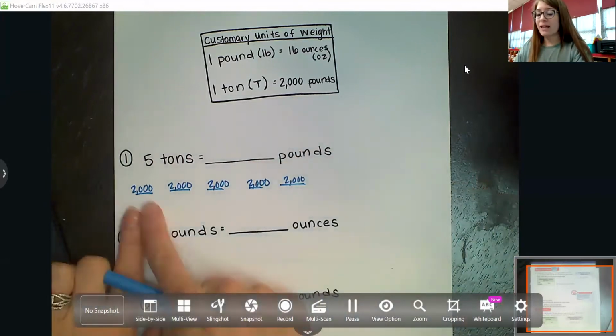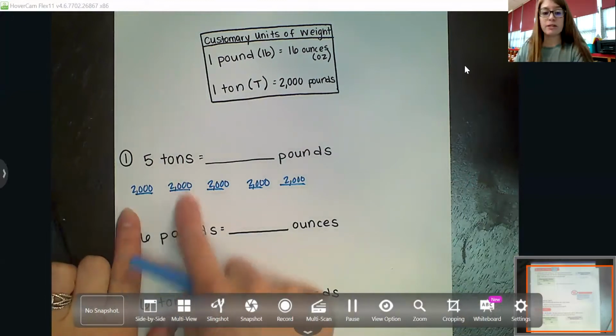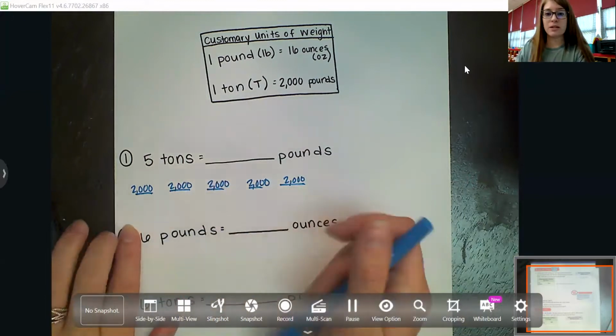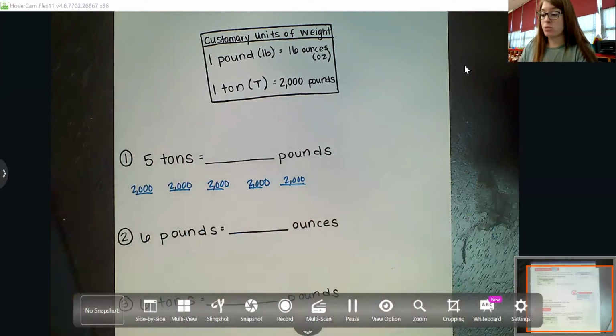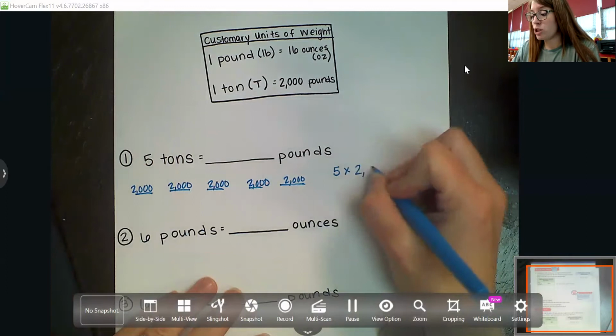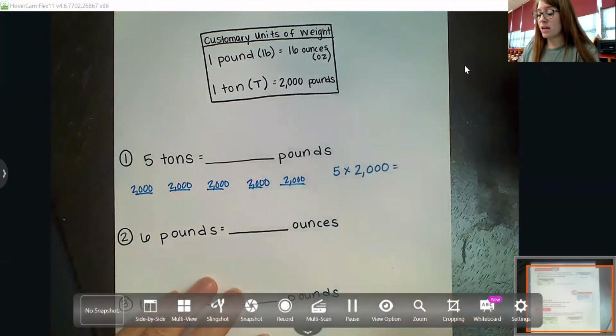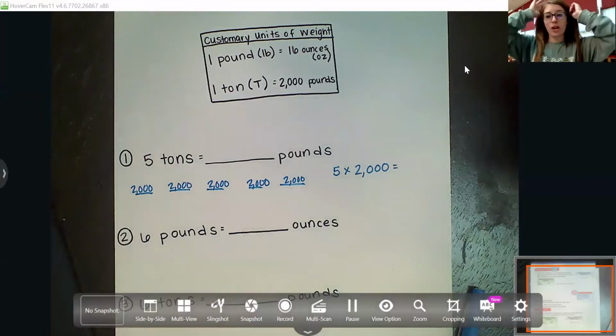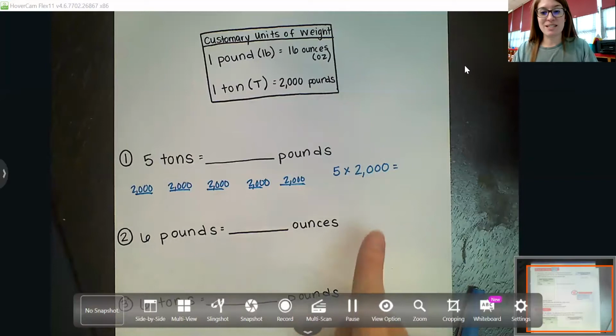Now I could add those up, 2,000 plus 2,000 plus 2,000 plus 2,000 plus 2,000, or I could just multiply. I could do 5 times 2,000 equals. Now, this is going to take us way back to the early chapters in the first semester, but remember, there's a trick to multiplying this. We can use our basic facts.